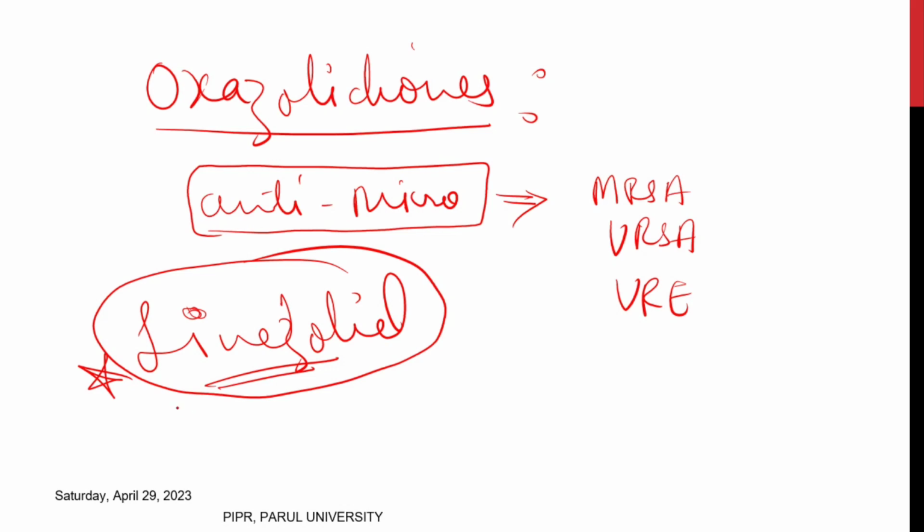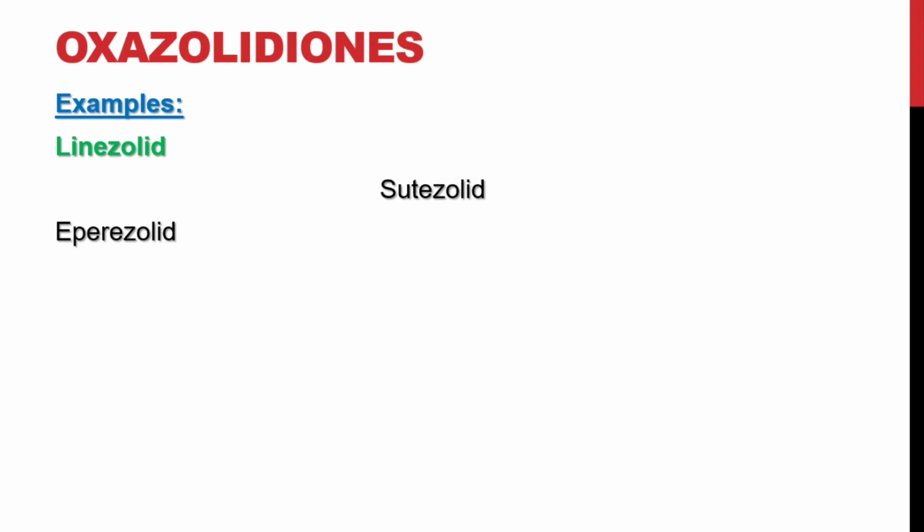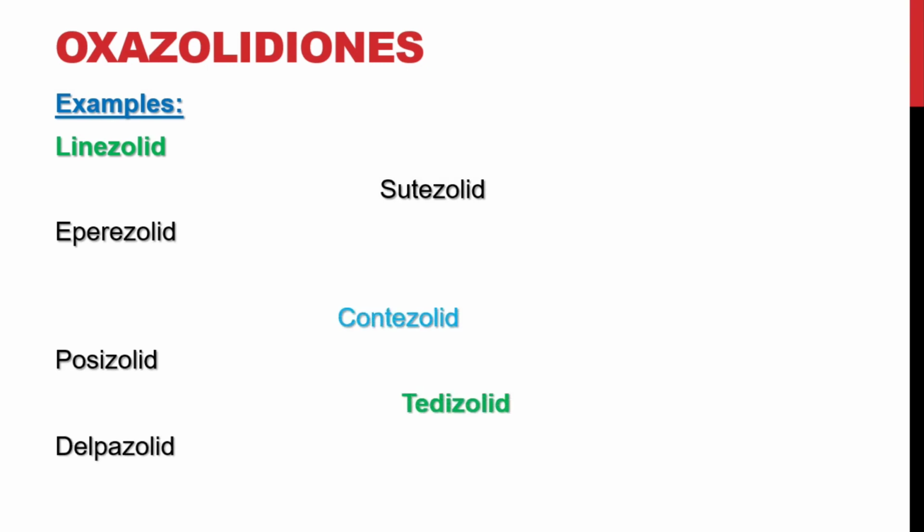Before understanding linezolid, let us check some important points about the class of oxazolidinones. Oxazolidinones have certain examples of drugs. In that, linezolid is one drug which is very important. Sutezolid, eperezolid, cantezolid, posizolid, tedizolid, delpazolid, and radezolid.